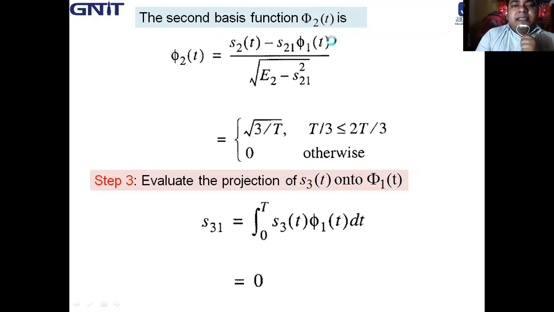So this is basically the numerator part, which identifies the intermediate function g2(t), and in the denominator is the square root of E2 minus S21 square. That is basically the square root of the integration from 0 to T of g2 square (t) dt.